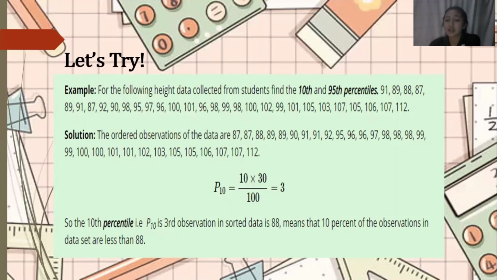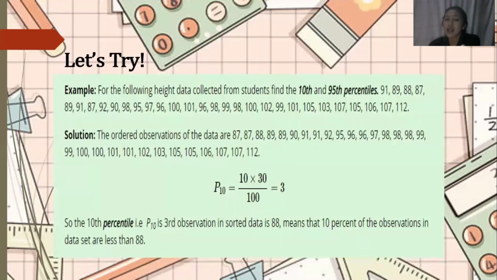P subset 10 because we're looking for the percentile na 10. So yung pang 10 na percent dito ang hinahanap po natin. So it will become 10 multiplied by the number of data. It's 30. Diba?